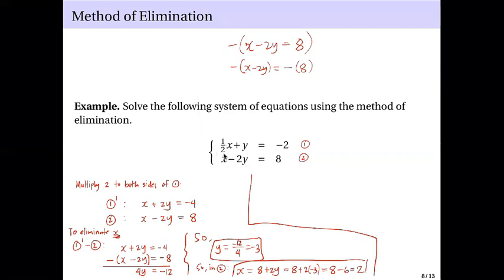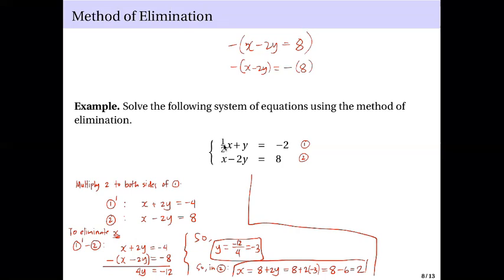So I want my x's to have the same coefficient. This has coefficient 1 here. This has coefficient 1/2. In order to introduce the coefficient 1 for this variable in this equation here, we have to multiply by 2. That's why we multiplied 2 to both sides of equation 1 only.